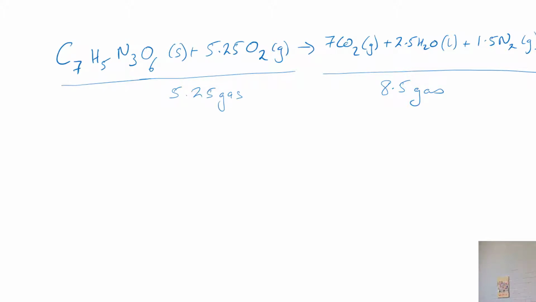And again, this is assuming that this liquid is in the final state, but in reality, as this is exploding, that liquid is also going to be gas. But let's just look at the overall reaction.